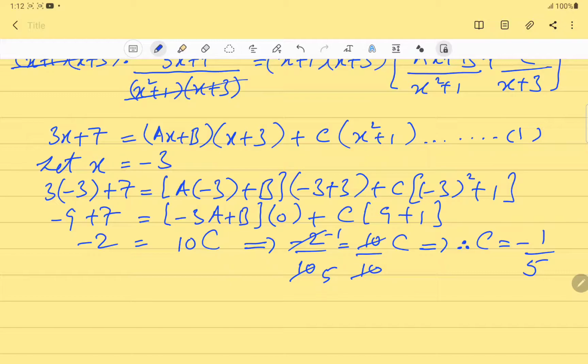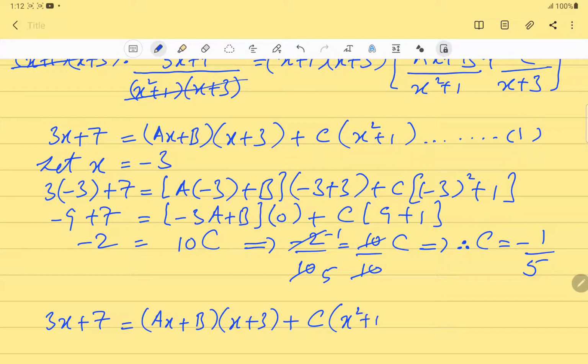So we write our equation one more time. 3x plus 7 is equal to ax plus b into x plus 3 plus c into x squared plus 1.